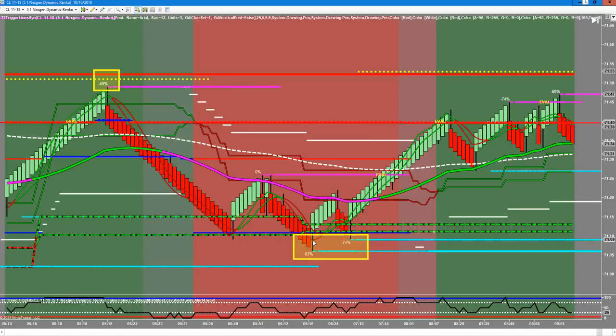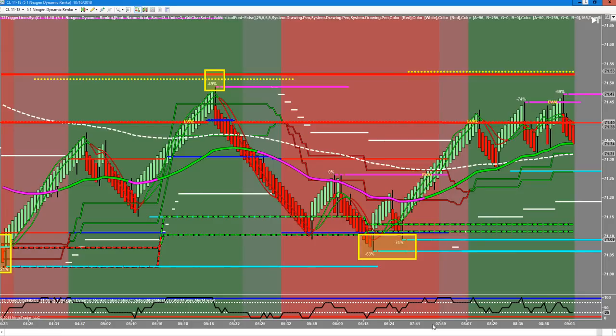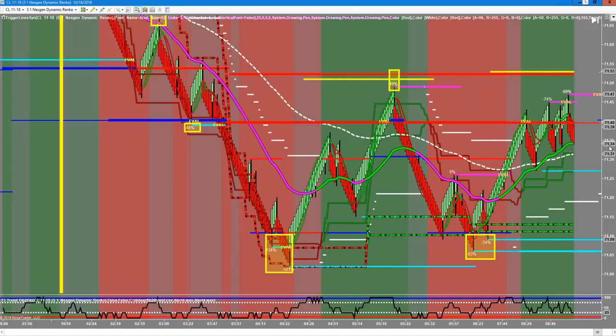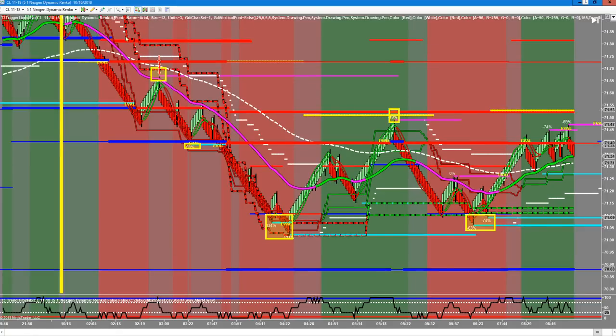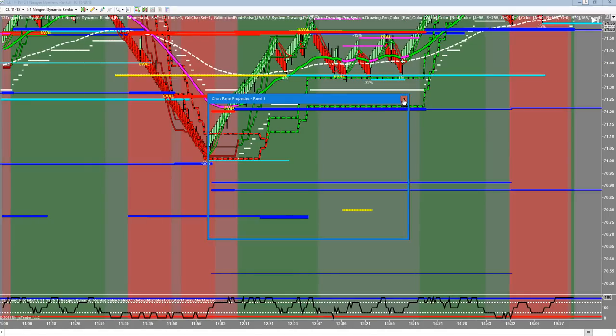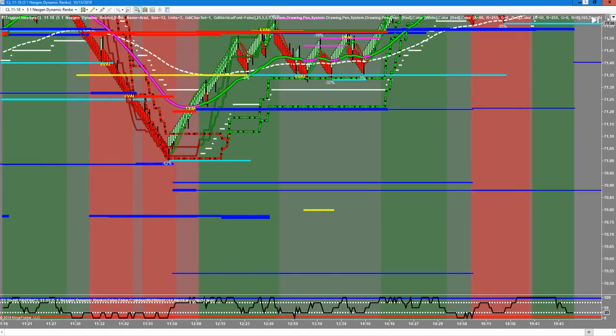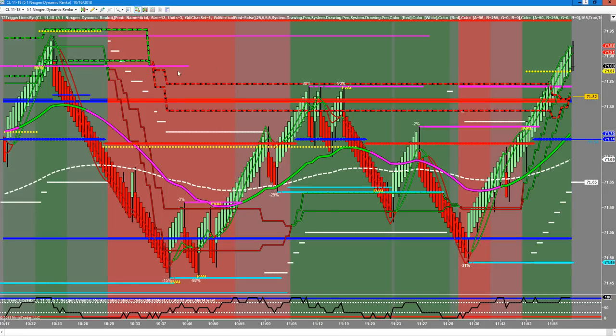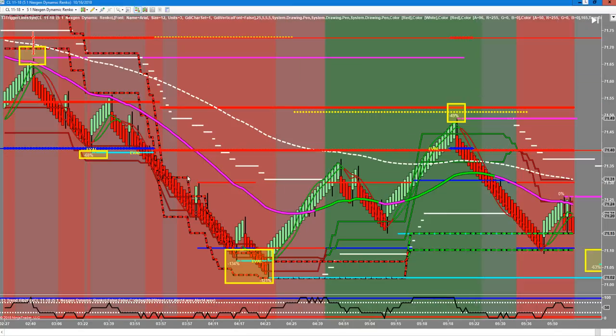You can almost see again, when you back this out, divergence from the edges of fibs up at the top. Hang on a second. Oops, sorry, I hit the wrong button. I really messed that up. Bear with me. Again, divergence from the edges of fibs.